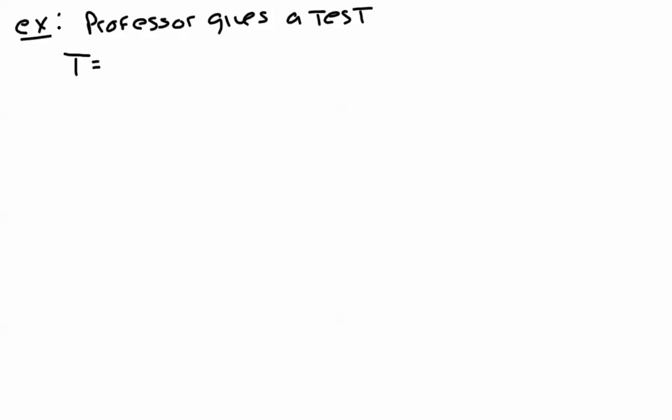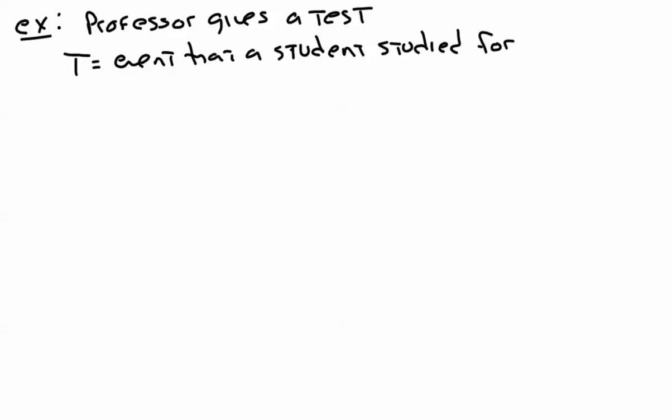T is the event that the student studies for the test. And this is self-reported data. I'm not asking you how much you studied, or about the quality of your study time. I'm simply saying, did you study, yes or no?